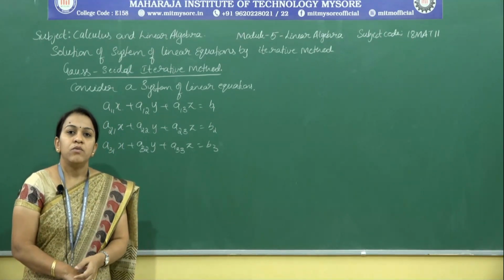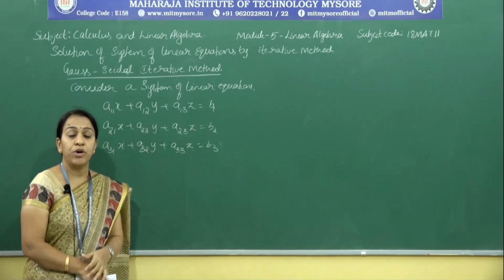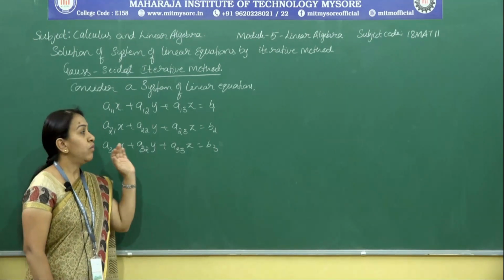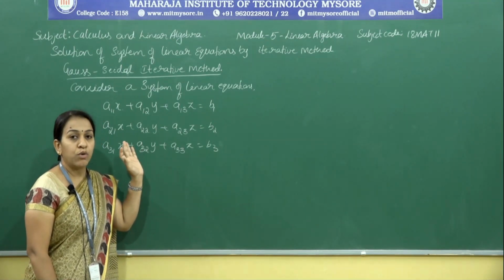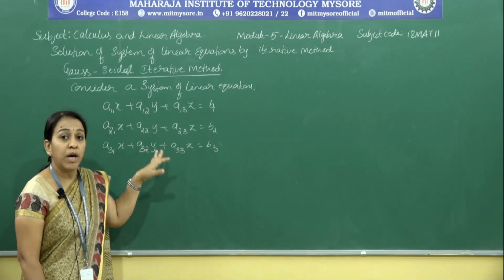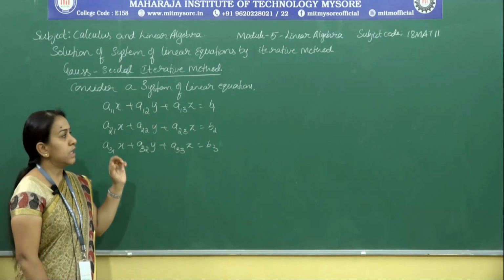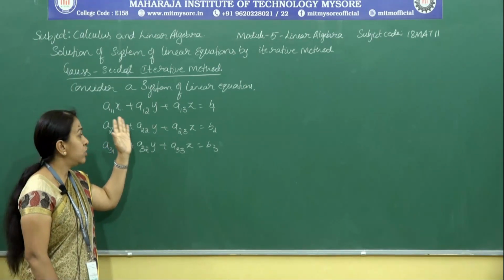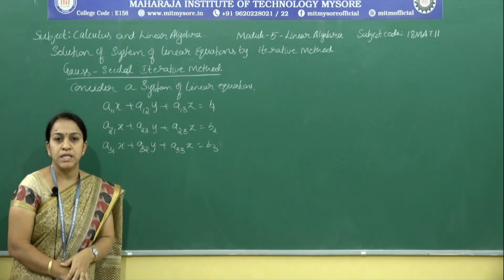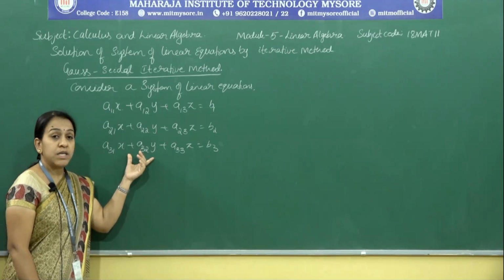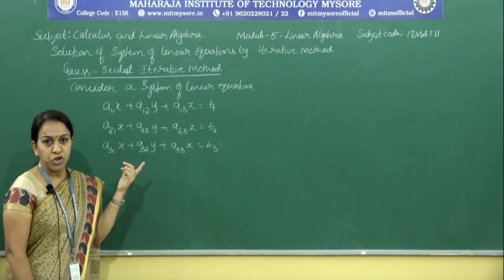When we have numerically larger coefficients along the principal diagonal of the coefficient matrix A, then we are going to use the Gauss-Seidel method, or if the problem specifies that we should solve it by this method. And we know we can represent this system of linear equations in matrix form, with a coefficient matrix.